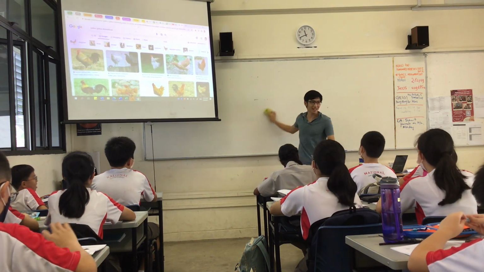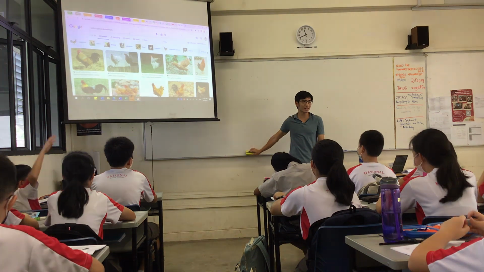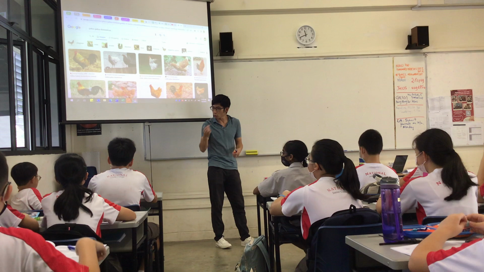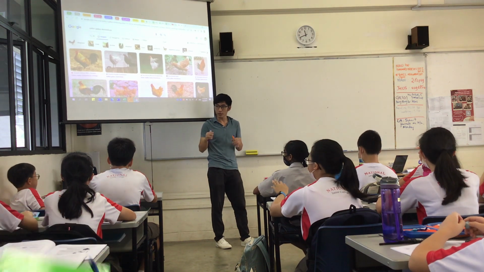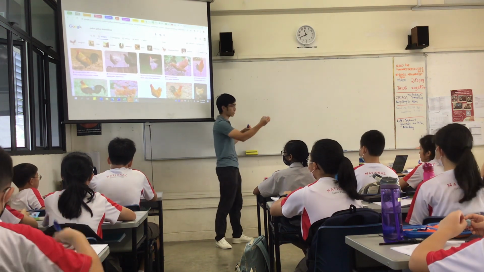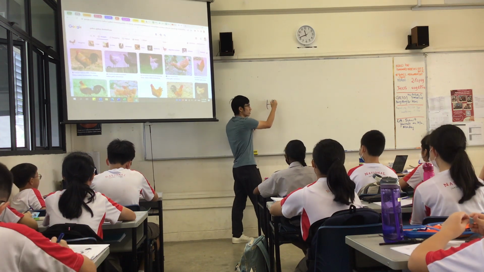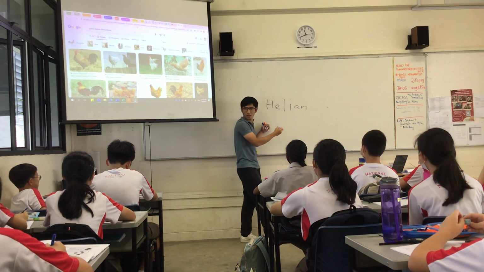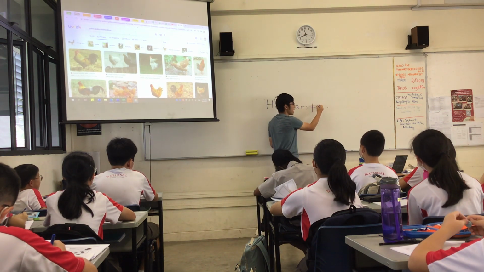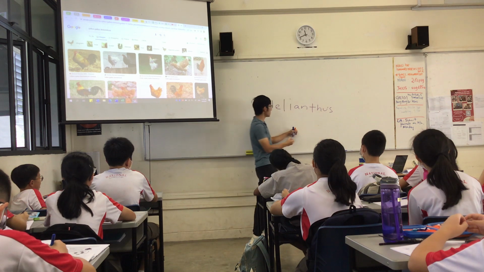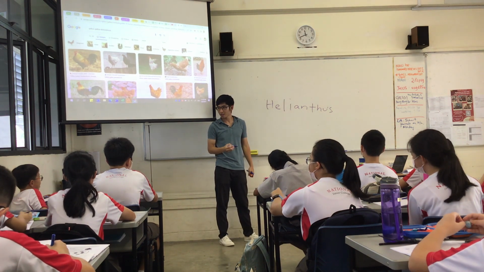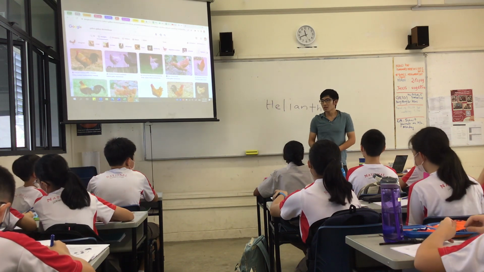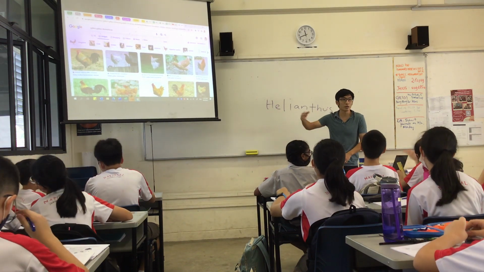Okay, very interesting. I learned something today. Anyone else would like to volunteer a scientific name? You go. Is it two parts? Just one. Okay, so it's a group of different species. So what is it? H-E-L-I-A-N-T-H-U-S. Okay, this is a group of organisms.